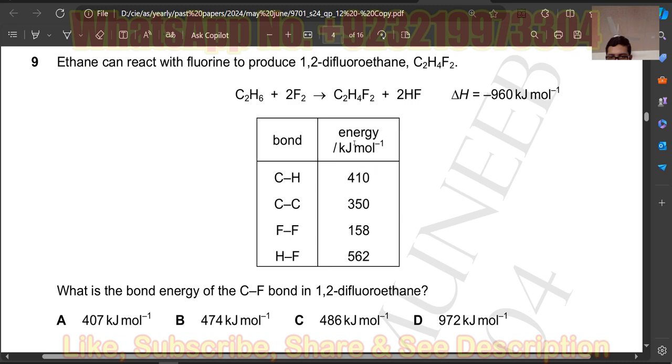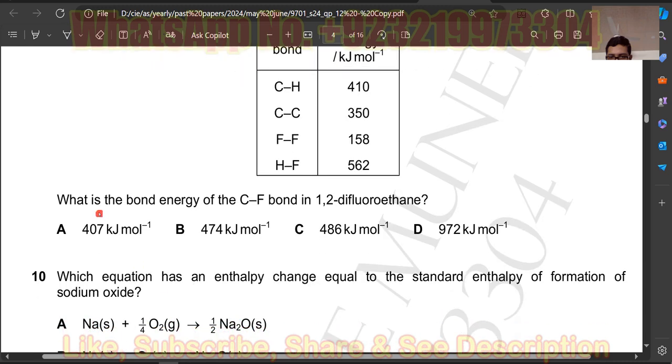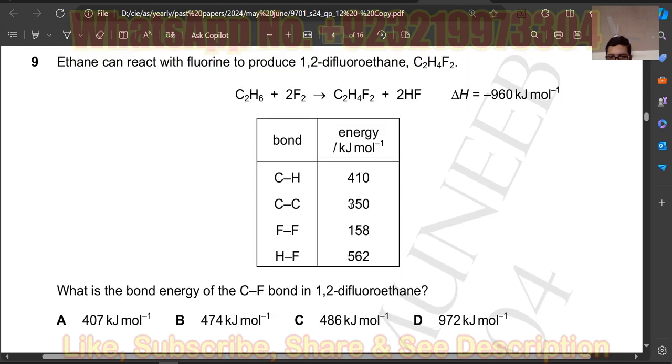We are then provided with a tabular form of the bond energy values of different covalent bonds in this chemical equation. What is the bond energy of the C-F bond in 1,2-difluoroethane? Okay, so in this case, we need to find the C-F bond present in this molecule C2H4F2. We are not given that value in this table, so we have to find that.